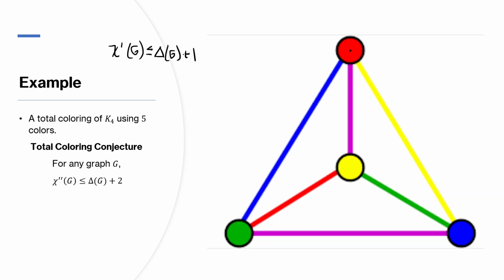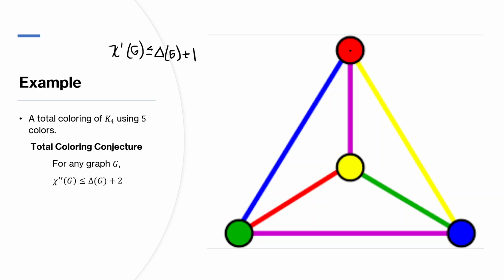That's a solved problem known as Vizing's conjecture. It's a nice theorem. It's not trivial, but it's proven. But we don't have a comparable one for the total coloring conjecture, or rather an extension to total colorings. So that's an unsolved problem.